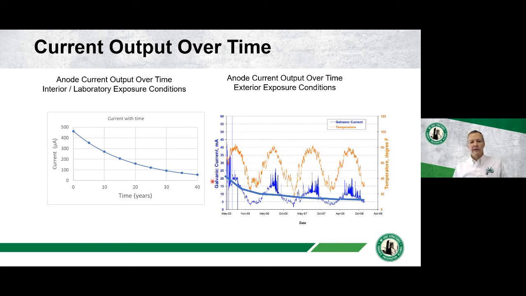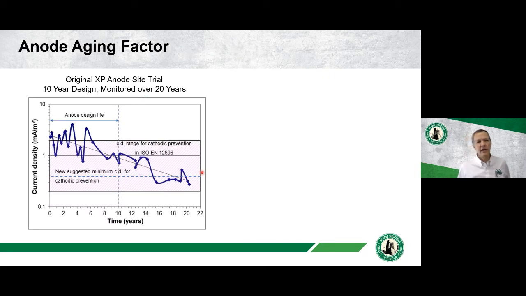Now, it's complicated to determine things when you have all these curved lines and diminishing things that you don't really understand. So basically, we've done some analysis on how the anodes have been behaving in lots of different applications.